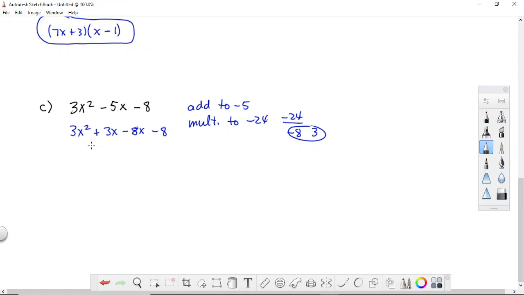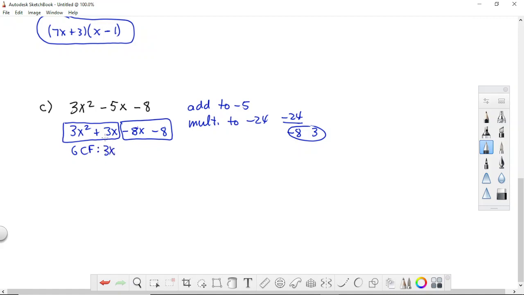Okay, so now we got to find the greatest common factor. The reason we split the middle is so that we can find that greatest common factor and factor it out. So of this one, it is 3x this time, right?